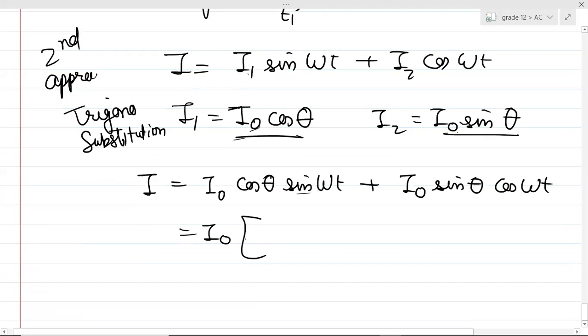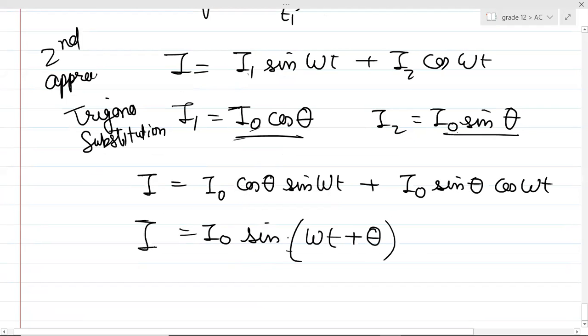Sin (A plus B). Can I write this as I naught sine of (omega t plus theta)? So can you see, this is again a general equation of current, right? So I can convert this form to this form by using this special type of substitution.